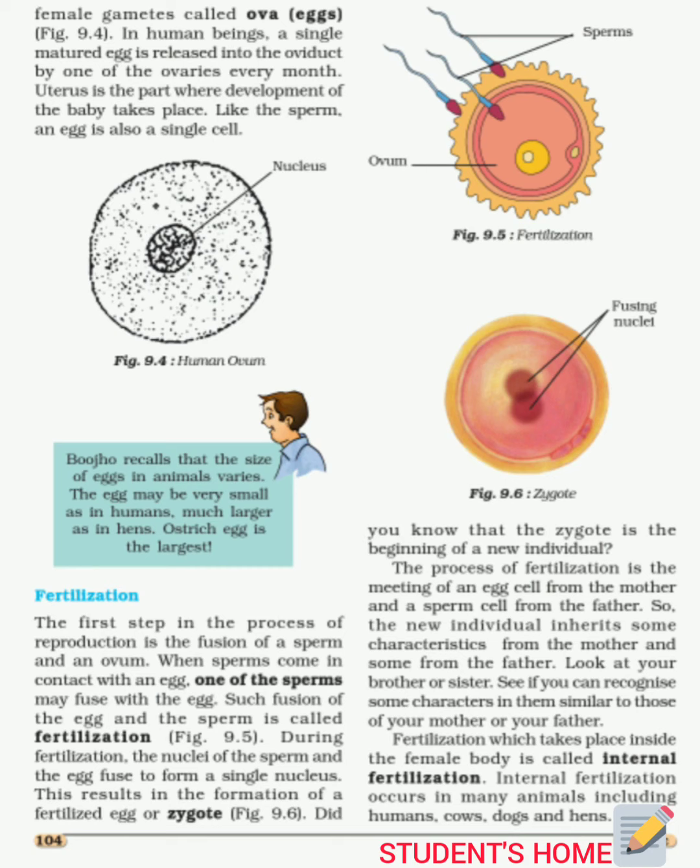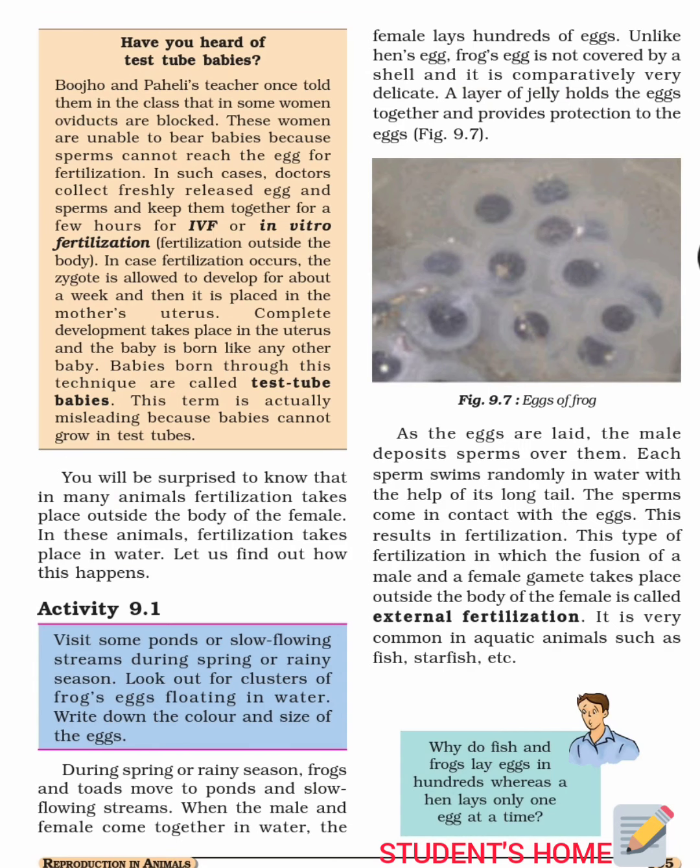Internal fertilization occurs in many animals including humans, cows, dogs and hens. You will be surprised to know that in many animals fertilization takes place outside the body of the female. In these animals, fertilization takes place in water. Let us find out how this happens.